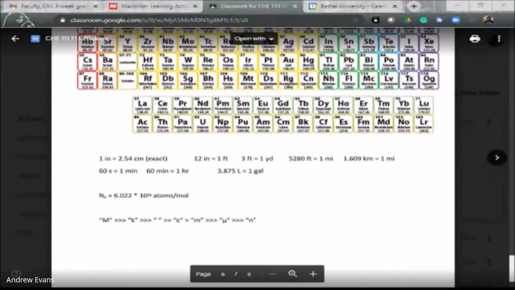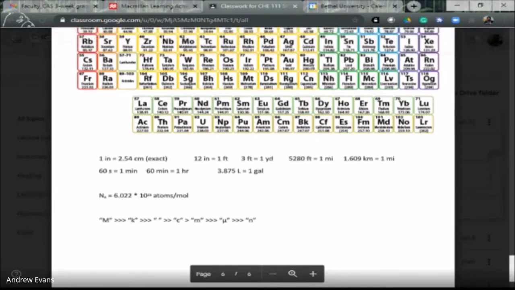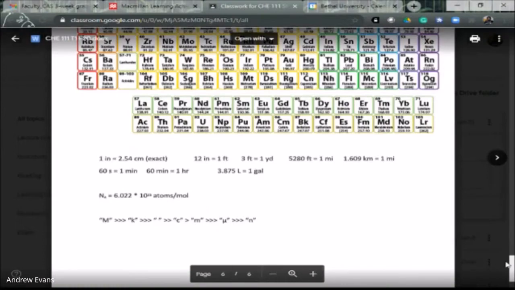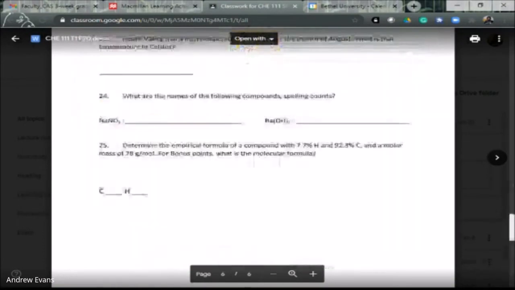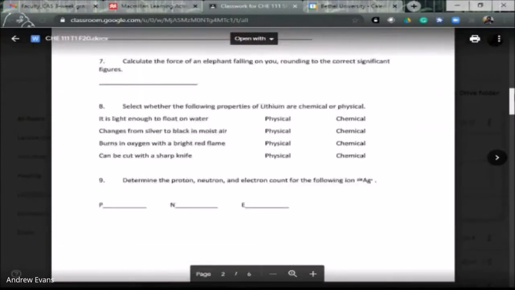Now, keep in mind, if I were to report this to the correct number of sig figs, it would indeed be 37.8. Why 37.8? Well, it comes down to the fact that the original number, 15.7, is reported to 3 sig figs.